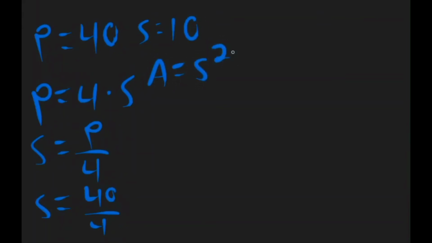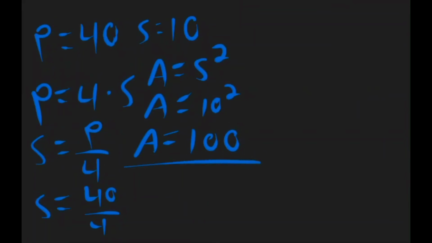So the side equals perimeter over 4. So then the side equals 40 over 4. So our side equals 10. And with the area equation, area equals side squared. So we know that area equals 10 squared. So the area of this square would equal 100.